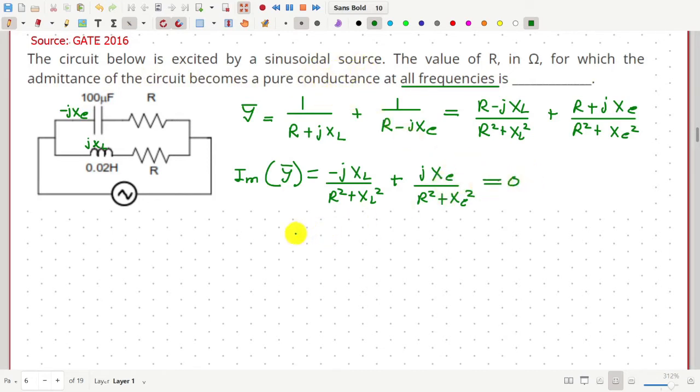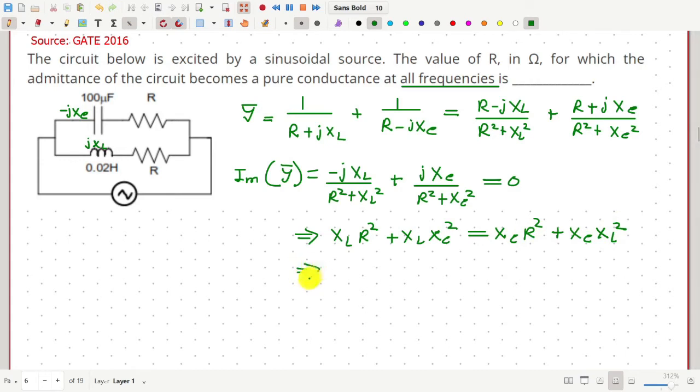So from this we get XL R squared plus XL XC squared. This should be equal to XC R squared plus XC XL squared.